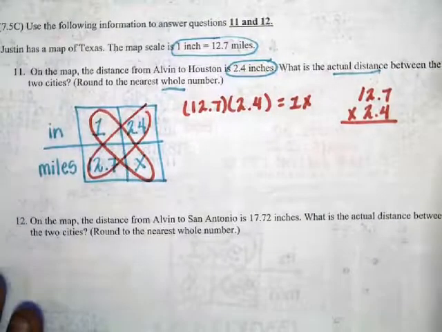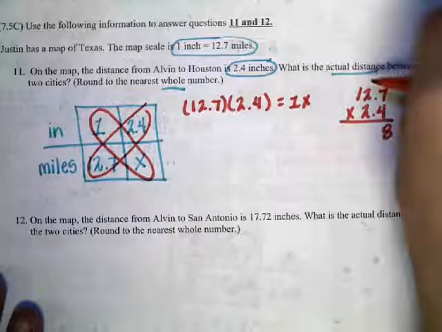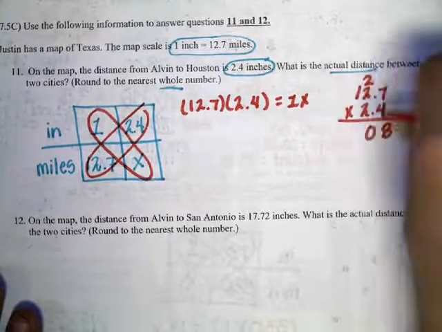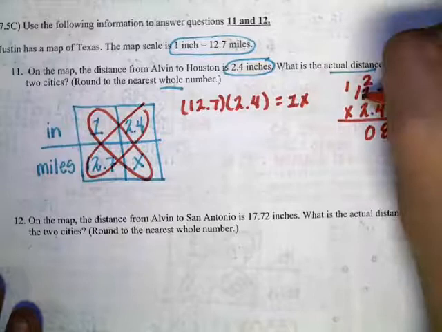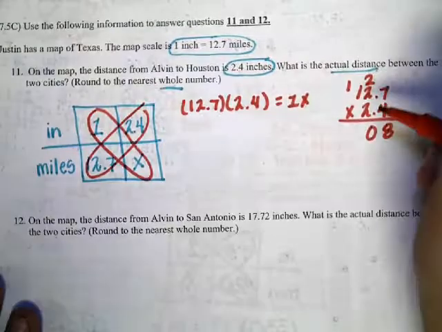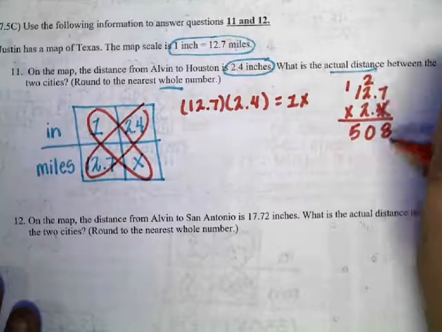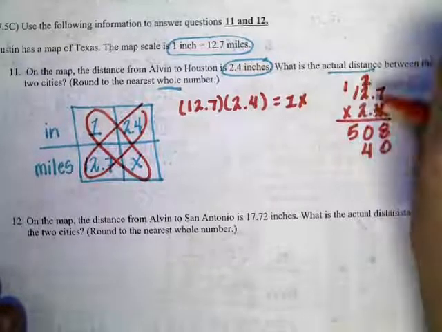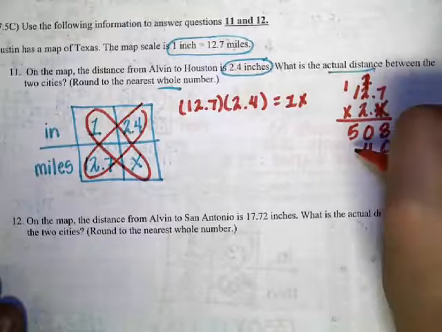Seven times 4 is 28. Carry your 2. 4 times 2 is 8. Plus 2 is 10. Carry your 1. 4 times 1 is 4. Plus 1 is 5. Tic-tac-toe. 7 times 2 is 14. Carry your 1. 2 times 2 is 4. Plus 1 is 5.